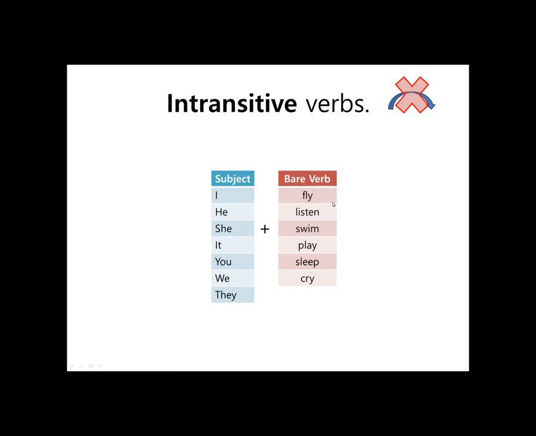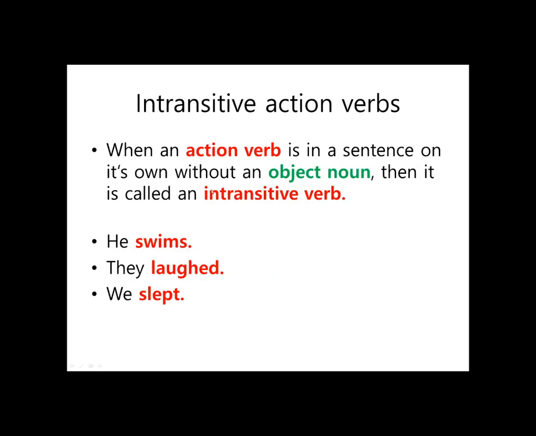So we have no object with these action words. When an action verb is in a sentence on its own without an object noun, then it is called an intransitive verb.